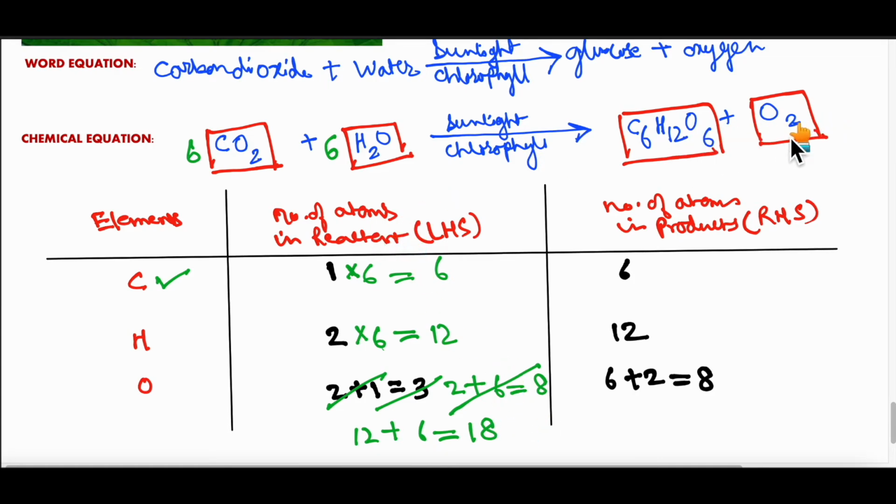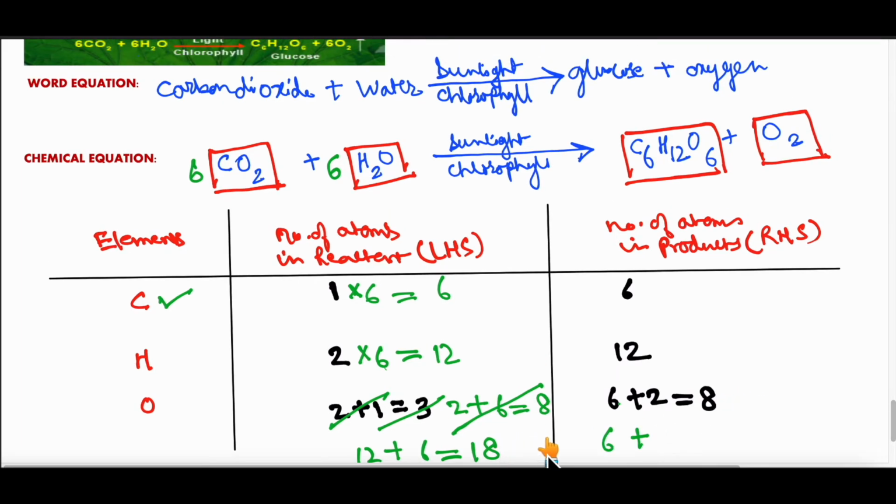Now let us check the oxygen atoms on the product side. We have 6 times 1, 6, plus 2 times 1, 2, is equal to 8. But we see that here oxygen is now unbalanced. It is 18 on the reactant side and 8 on the product side. In order to balance both sides, we need to make this 8 into 18.